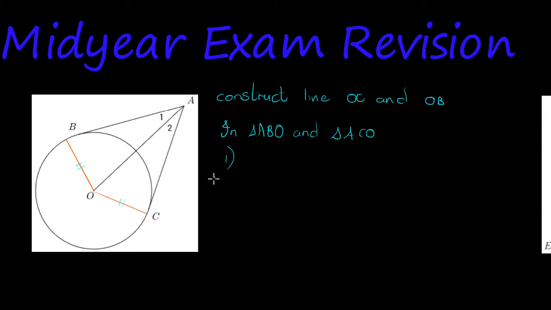So when I want to show something is congruent, ideally I would like to show that all three side lengths are equal, and that would be one way, or there's a few different ways. So let's see which one I'm going to do.